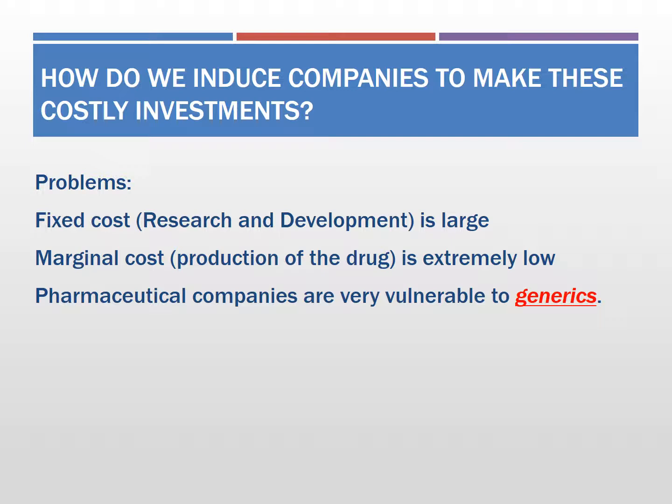So pharmaceutical companies are very vulnerable to generic drugs, because without any protection for the original company to sell their drugs in the market, there will never be a profit guarantee for the company to earn back its investment in research and development.